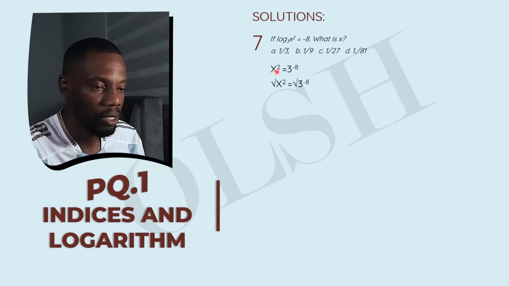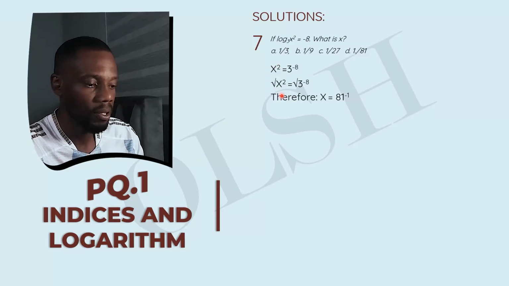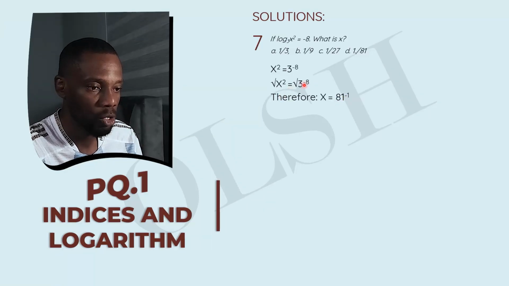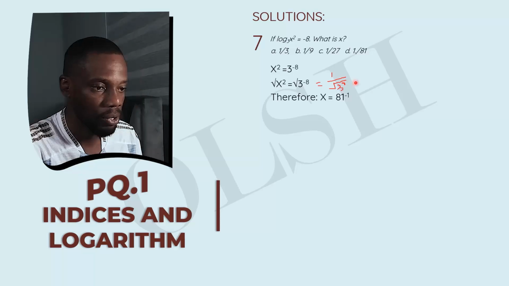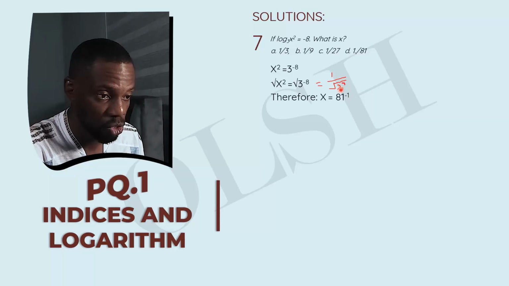We find the square root of both sides to lose this squared here. So we're going to have x is equal to 81 raised to the power minus 1. Of course, we get our 81 from 3 raised to the power 8. Let's not forget that this is same thing as 1 all over root 3 raised to the power 8, right? And we know that 3 raised to the power 8 is 6561.